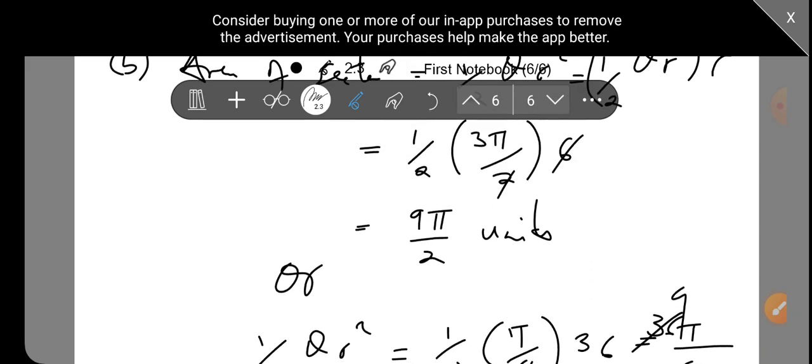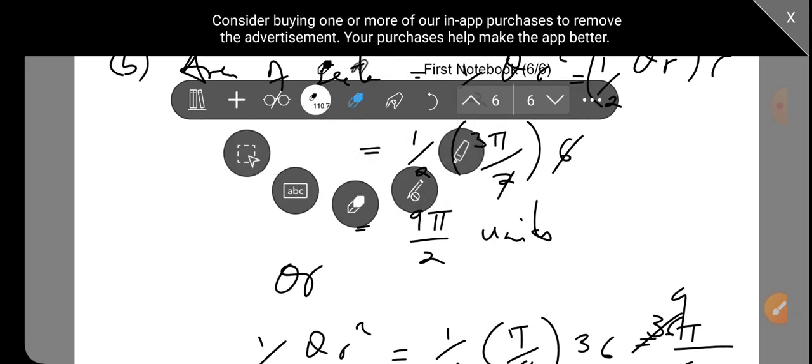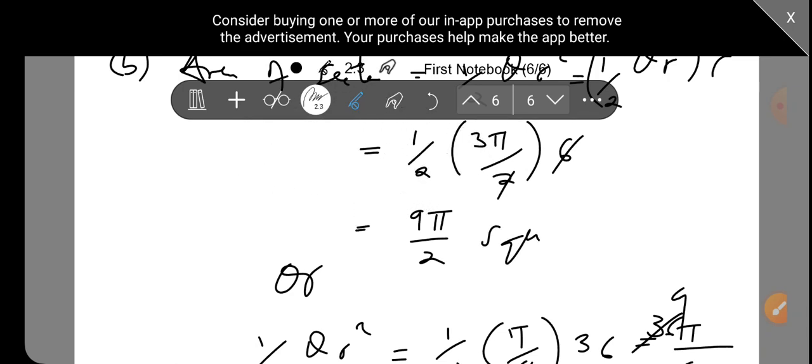Here it's not just units but square units, because we're talking about area. So if it were meters, then it would be 9 pi by 2 square meters. That's what we mean when we say square units.